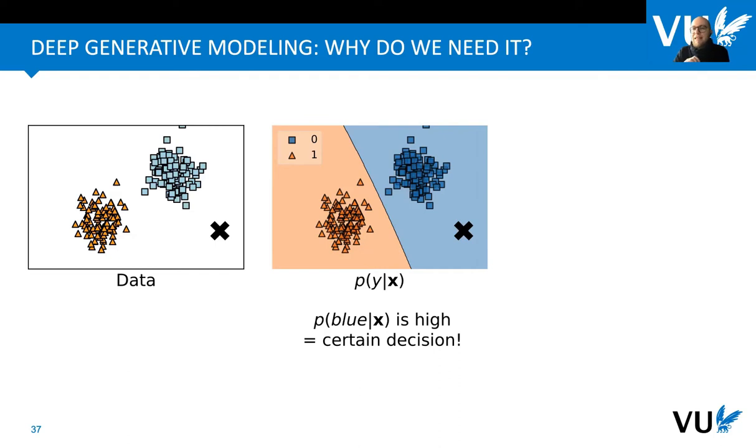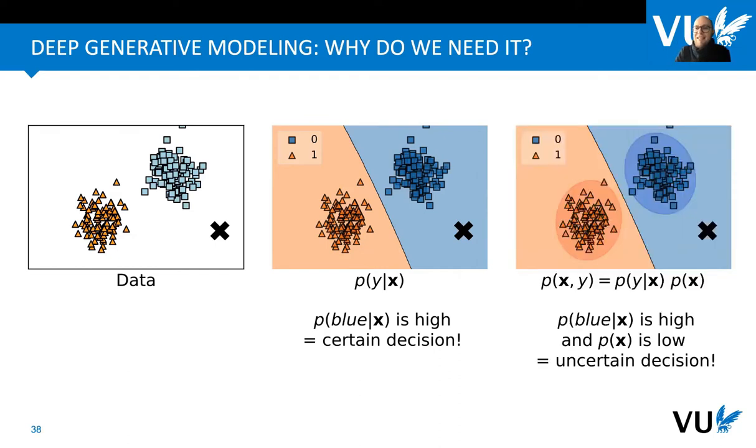But I would say, well, this is not necessarily true. And why? Because if we think about what is the probability of the object itself, so what is the P of X here, right?